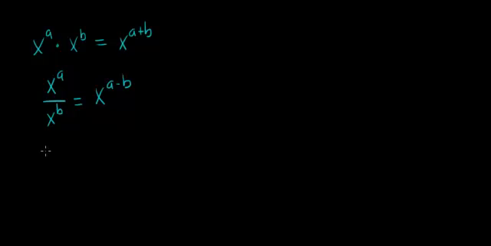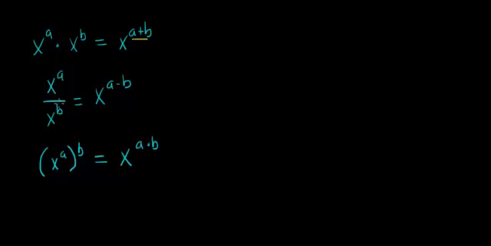If you have a base to a power and that power is being raised to a power, that just ends up being the base, and then you multiply the two exponents. So these are the three basic laws of exponents. When you multiply like bases, you add the exponents together.